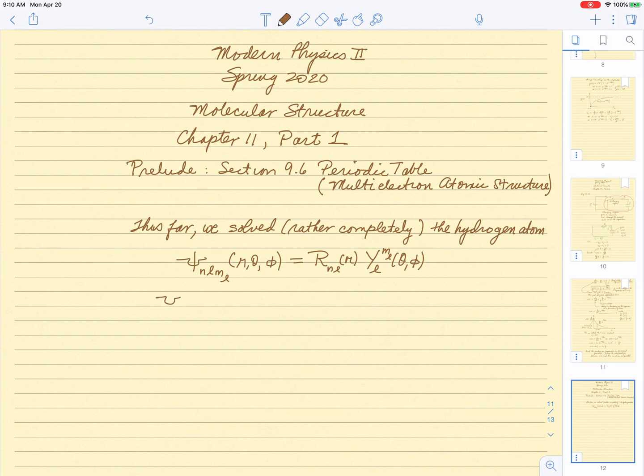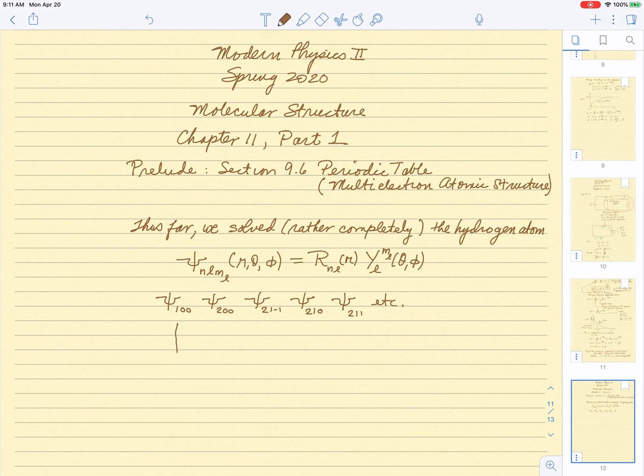So for instance, if you go back and look at psi 100, psi 200, psi 21-1, psi 210, psi 211, etc. These are solutions to the Schrödinger equation for the hydrogen atom only.